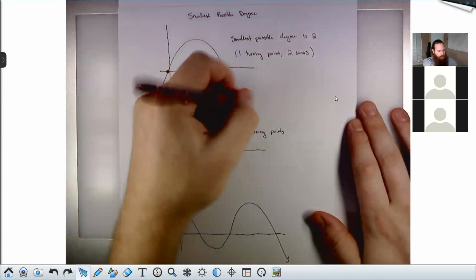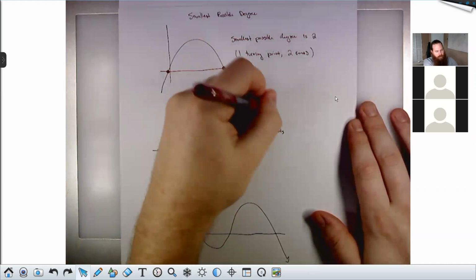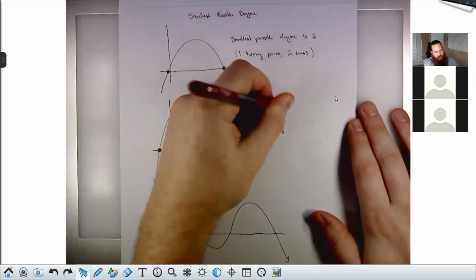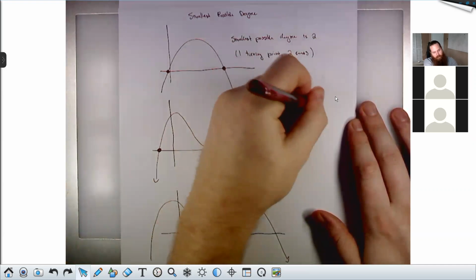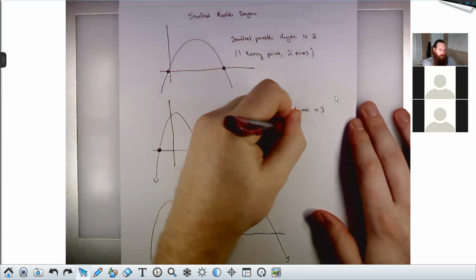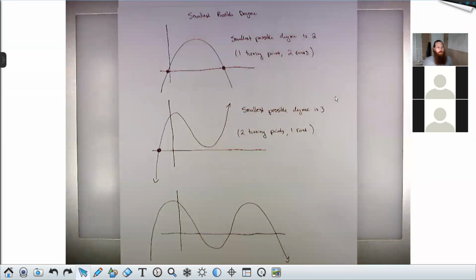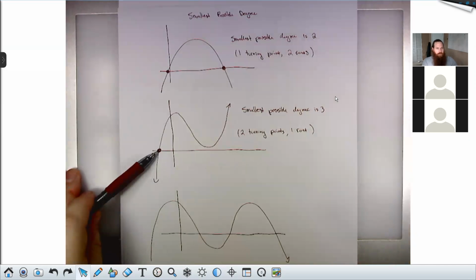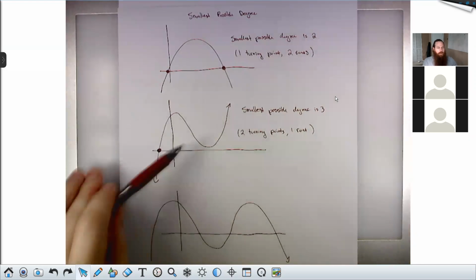The smallest possible degree is 3, even though he only has 1 root. What this means is that you've got 1 linear factor and 1 irreducible quadratic factor.